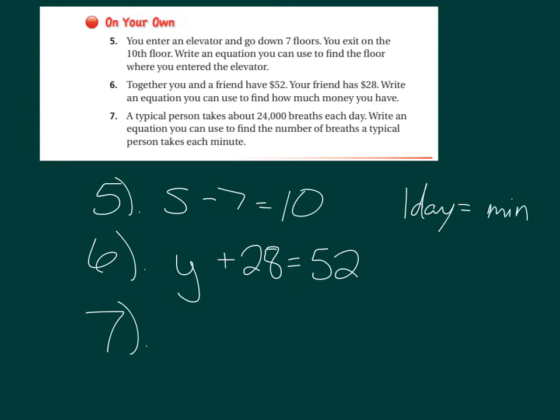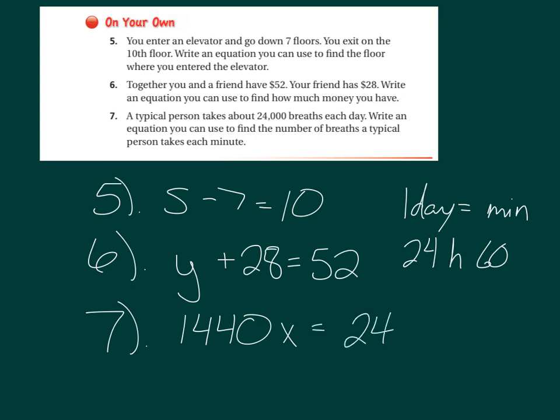I know I have 24 hours in one day, and in each hour there are 60 minutes. So what you're going to do is take 24 times 60 to figure out how many minutes are in a day. I believe what you get is 1440. Once you find that, you're going to say 1440 times x is equal to 24,000.